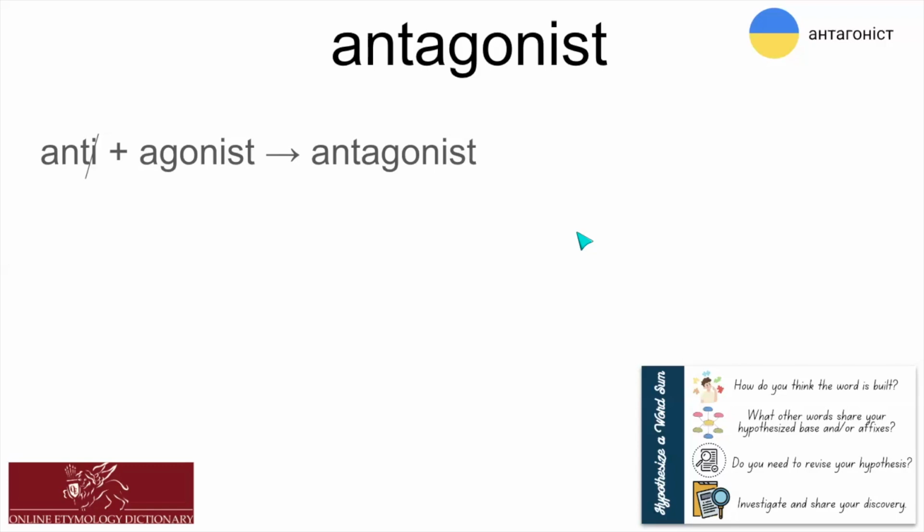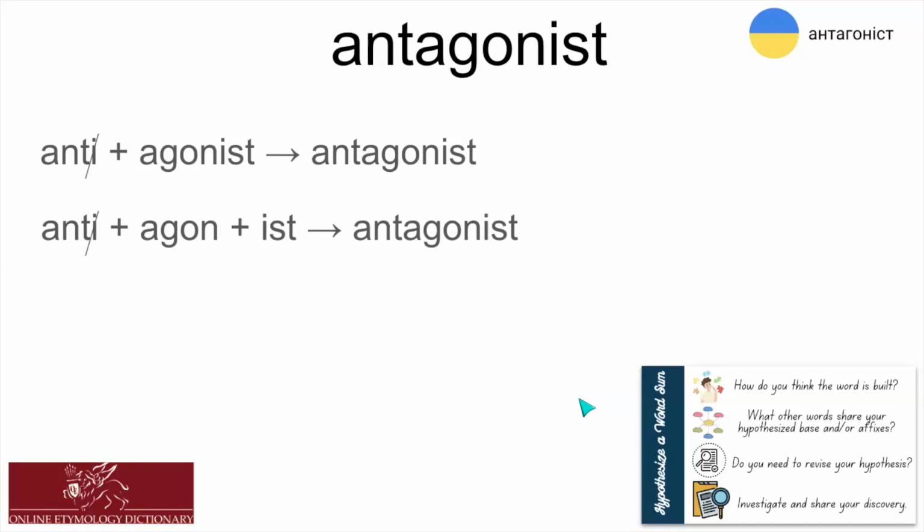Okay. Now we've landed in a similar spot as we did with the previous word. I can see inside of that remaining element an ist, which I know is another morpheme or a word building part, often called a suffix because it comes after the base element.